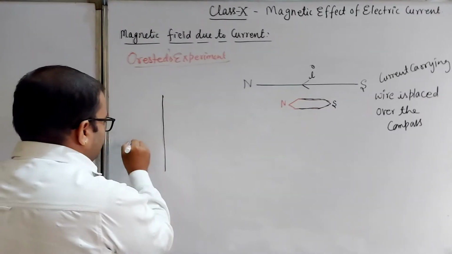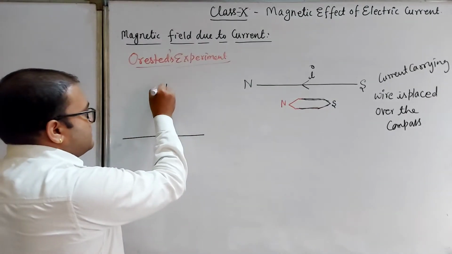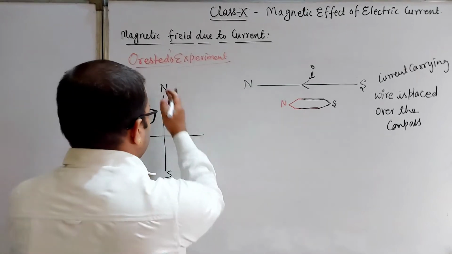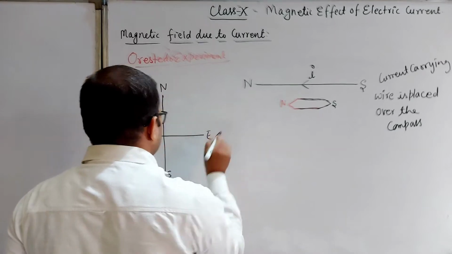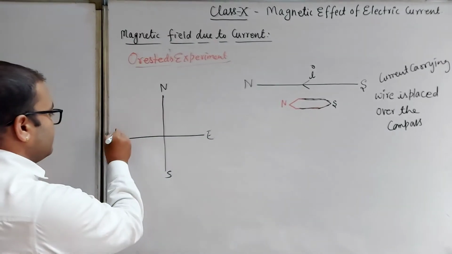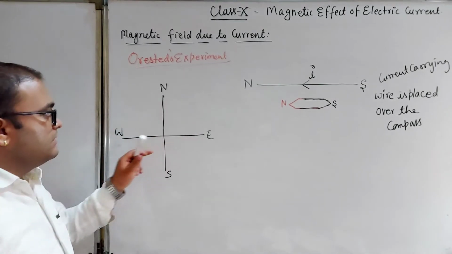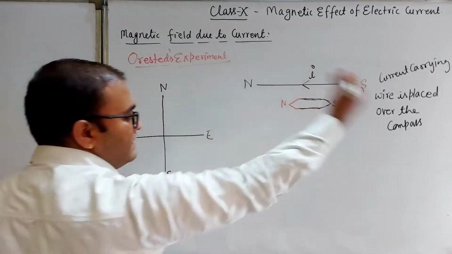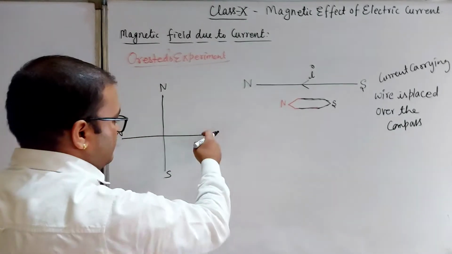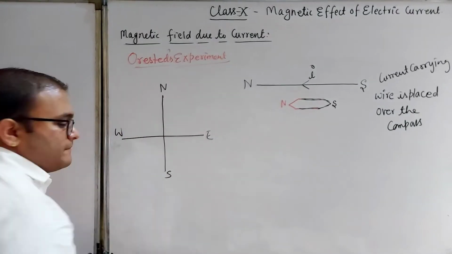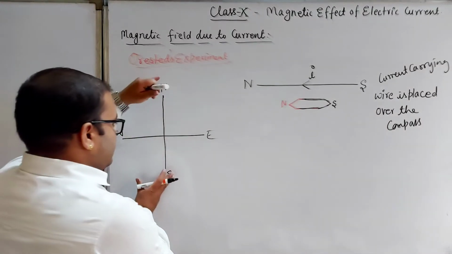How can we understand this? Suppose you know well about direction measurement. Suppose this is north and this is south. With north and south in front of us, our right hand will be east and our left hand will be west. Suppose I rotate this.